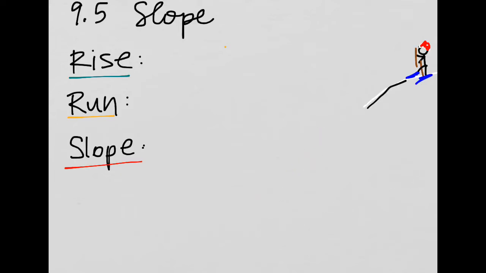So if you'll write these 3 words in your interactive notebook, we are going to add a few words here. And again, remember that this pen doesn't work so great, so bear with it looking awful. Okay, so the slope, I'm going to jump down to slope first because we need to know that. This is how steep. I don't really like the definitions in your book, so make sure you're writing this down. It's not what's in your book.